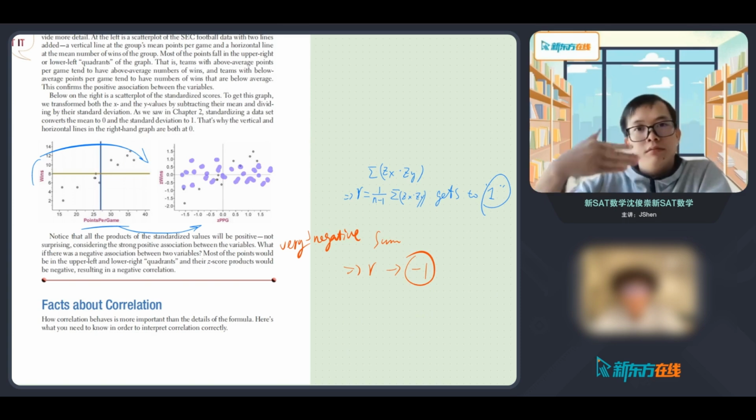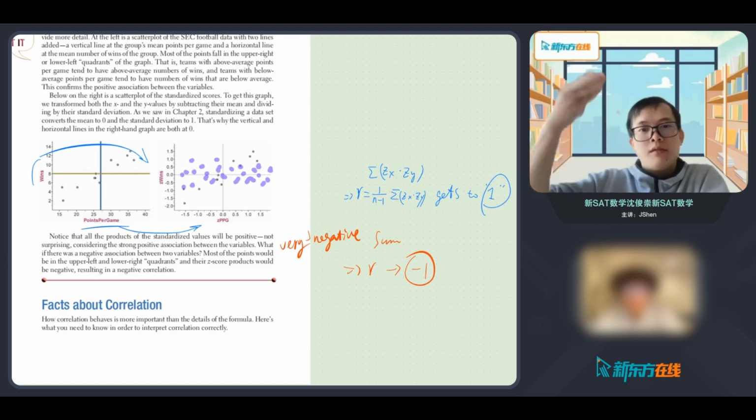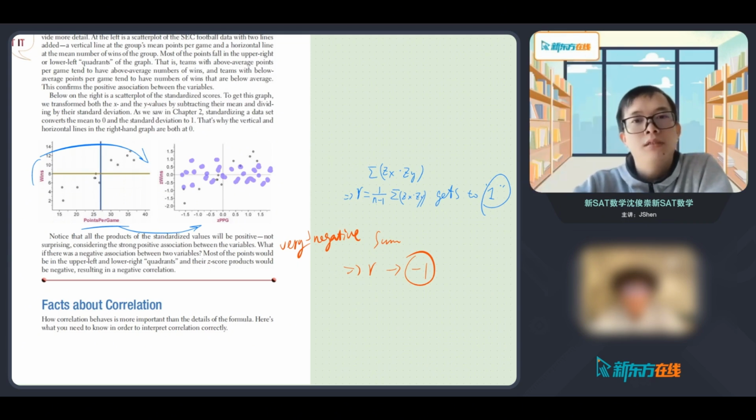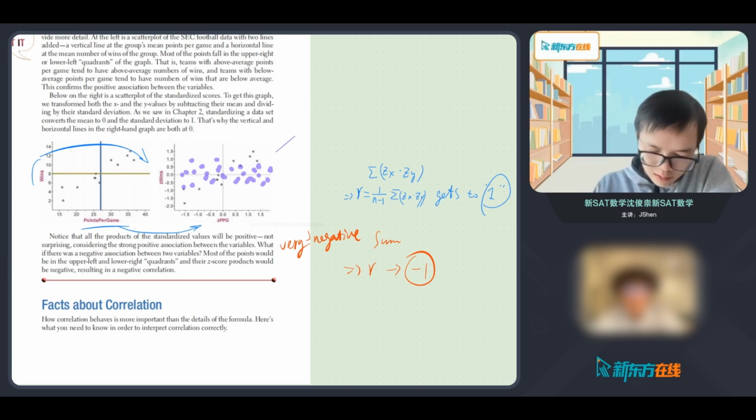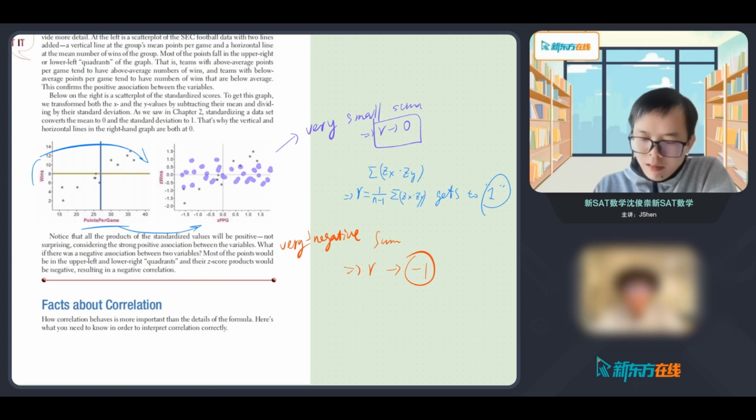You have positive ones and negative ones, and they largely cancel out each other. So in this case, very small sum. Just to be clear, every time you say sum, you mean the sum of the products, of the z values.